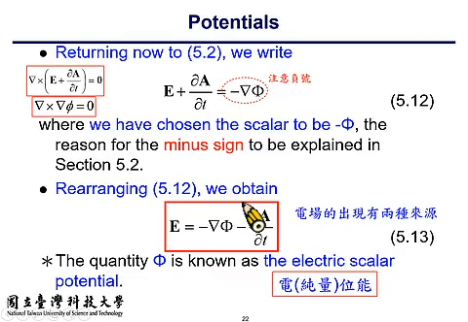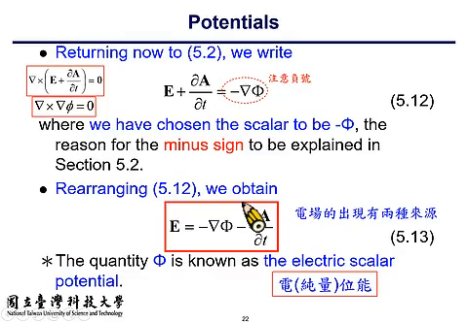How does this equation come from? This equation comes from Faraday's law, which says that the curl of E equals the minus of the time derivative of B. Let me derive it: the curl of E. And in fact, we begin with the divergence of B, the divergence of the magnetic flux density equals 0, so that we can use a vector identity to claim that B can be expressed as the curl of vector A, and A is the so-called magnetic vector potential.